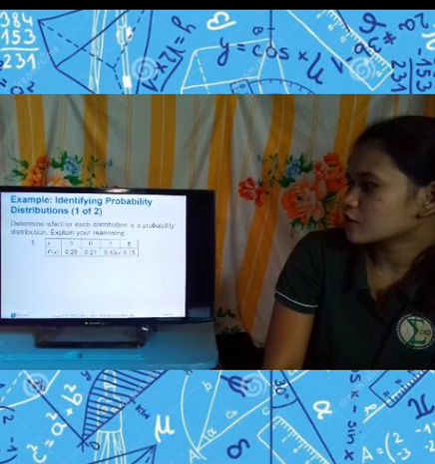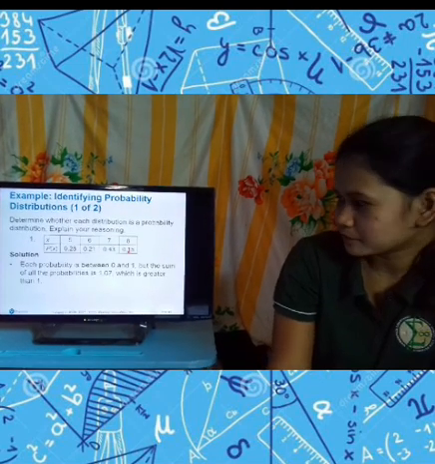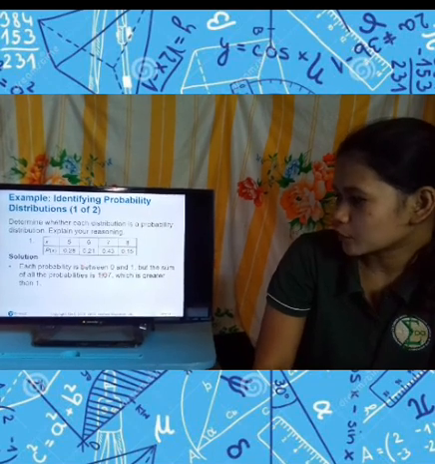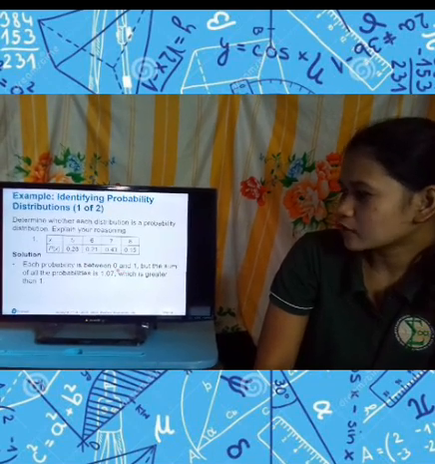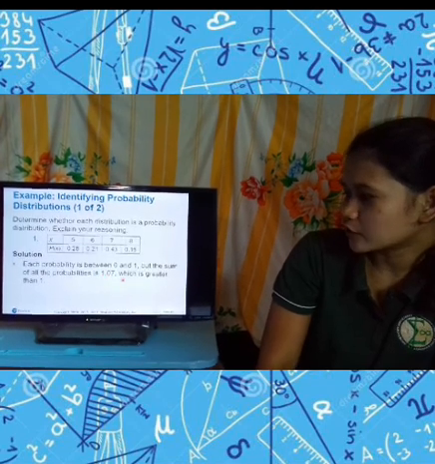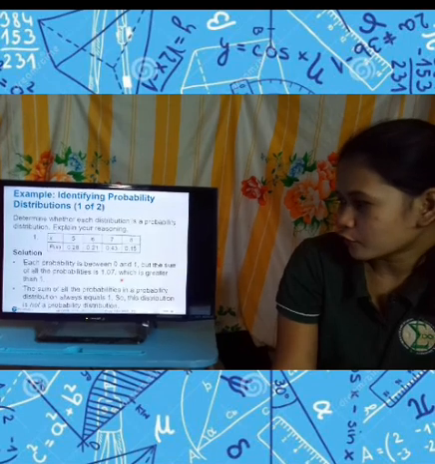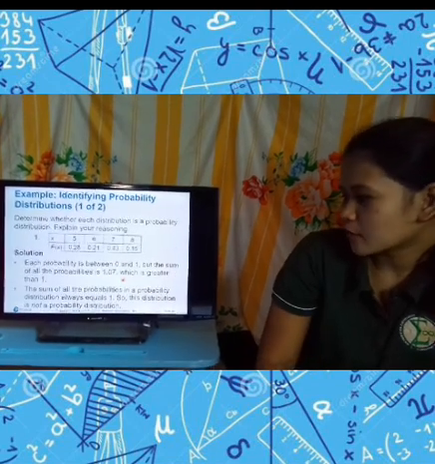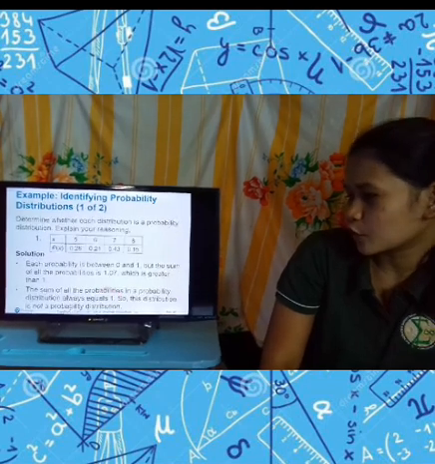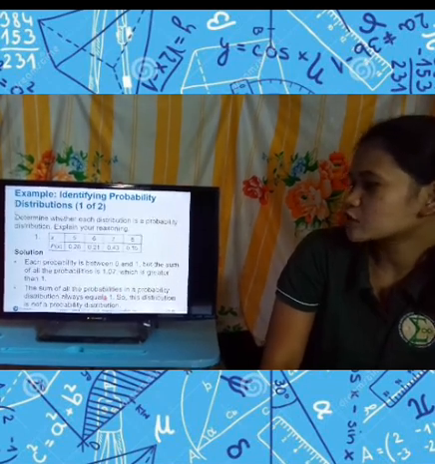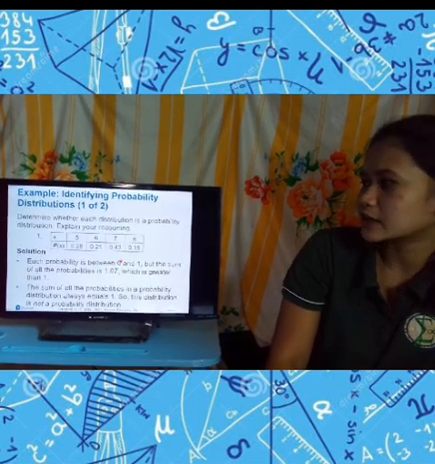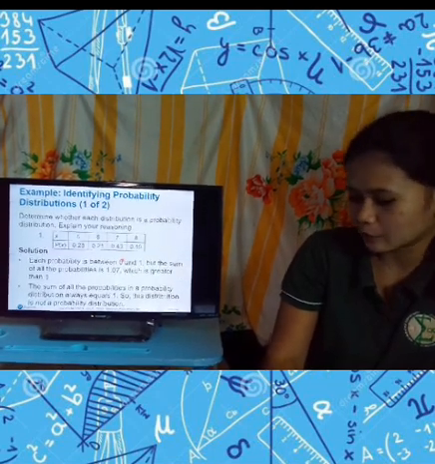And the probability of 8 is 0.15. Solution. Each probability is between 0 and 1, but the sum of all the probabilities is 1.07, which is greater than 1. The sum of all probabilities in a probability distribution always equals 1. So, this distribution is not a probability distribution because it doesn't satisfy condition number 2.